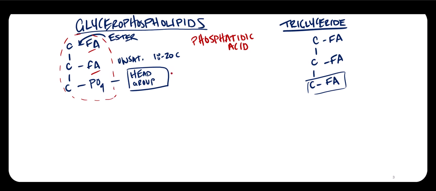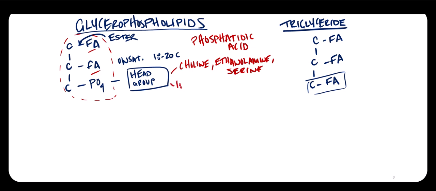If the head group is choline, if it's ethanolamine, or serine, as nitrogen containing molecules, that's going to take us one direction.